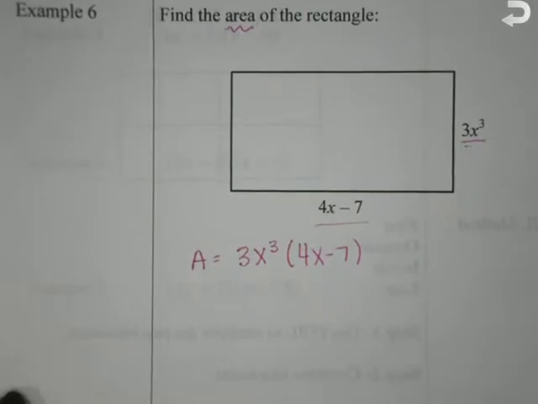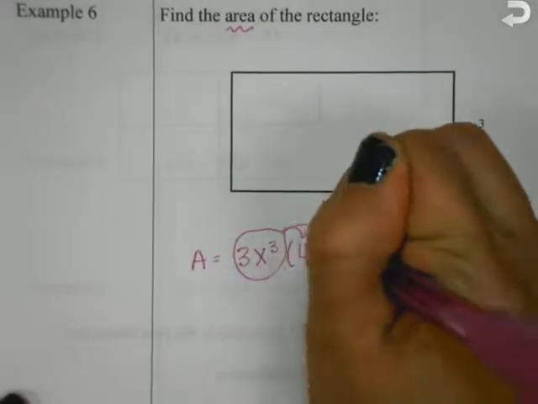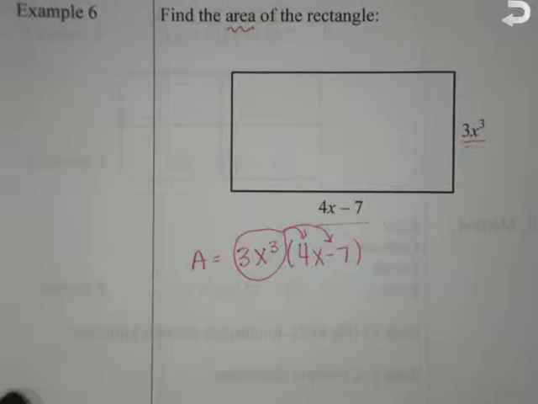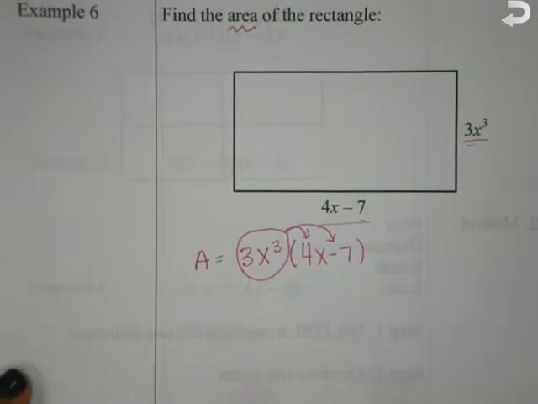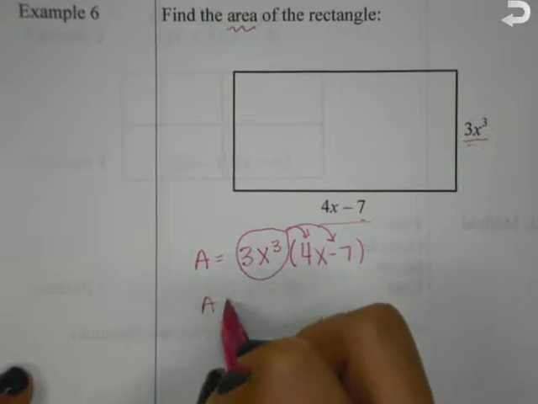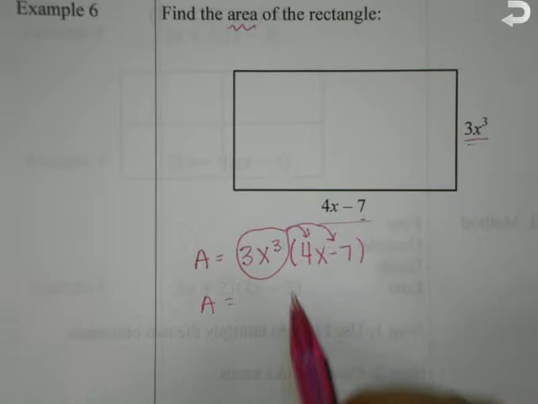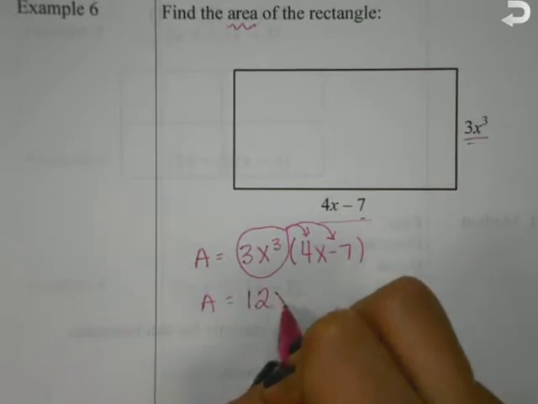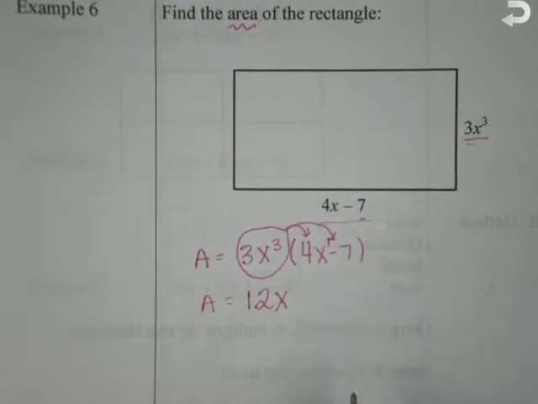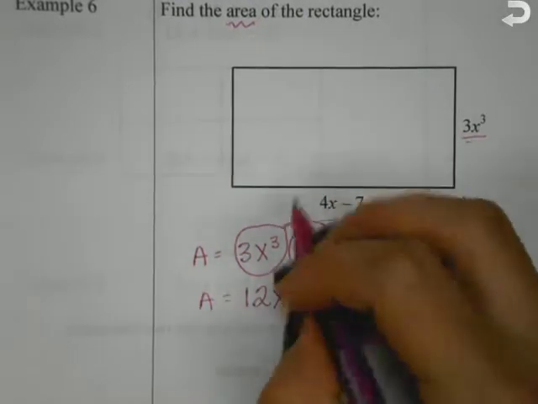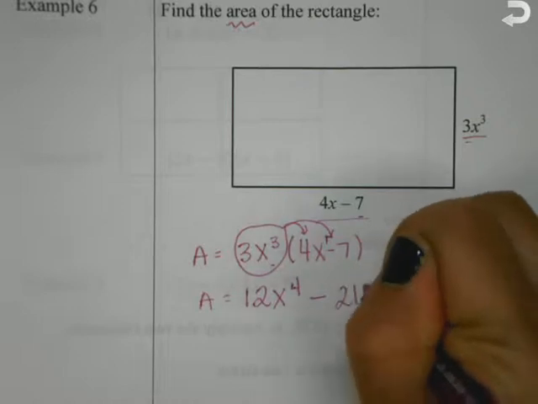Take that 3x to the third and distribute. Area equals 3x to the third times 4x. What's that going to give me? 12x to the fourth. This is an exponent of 1, so 3 plus 1 gives me 4. 3x to the third times 7 gives me plus 21x to the third. And that's your answer.